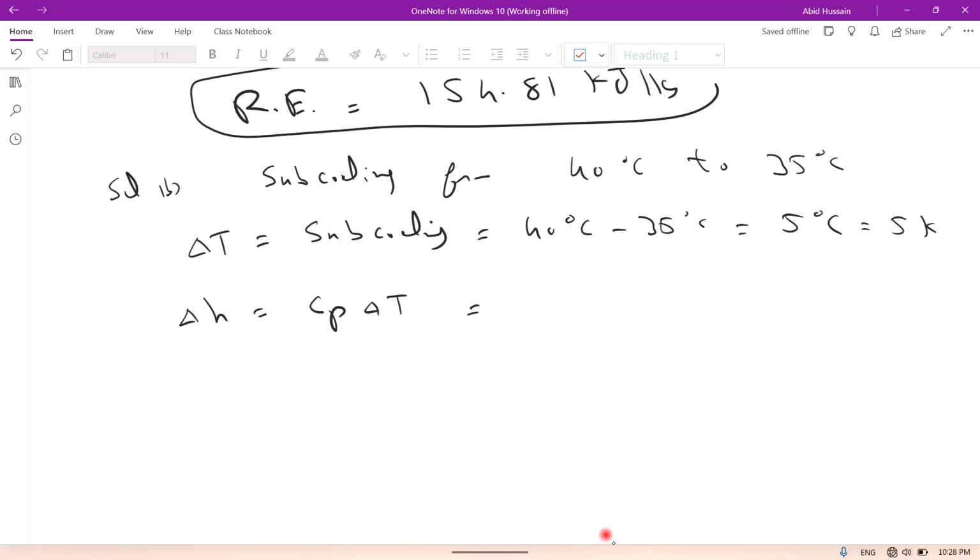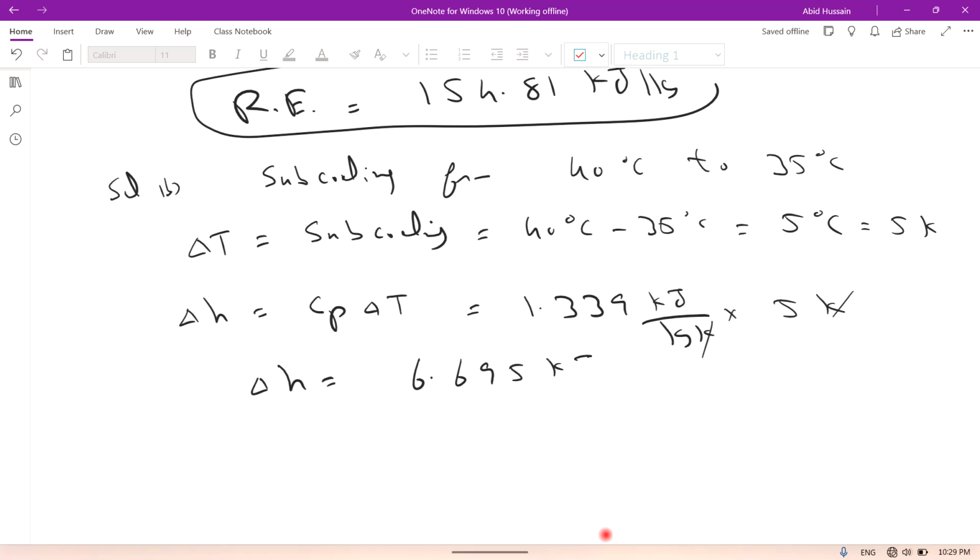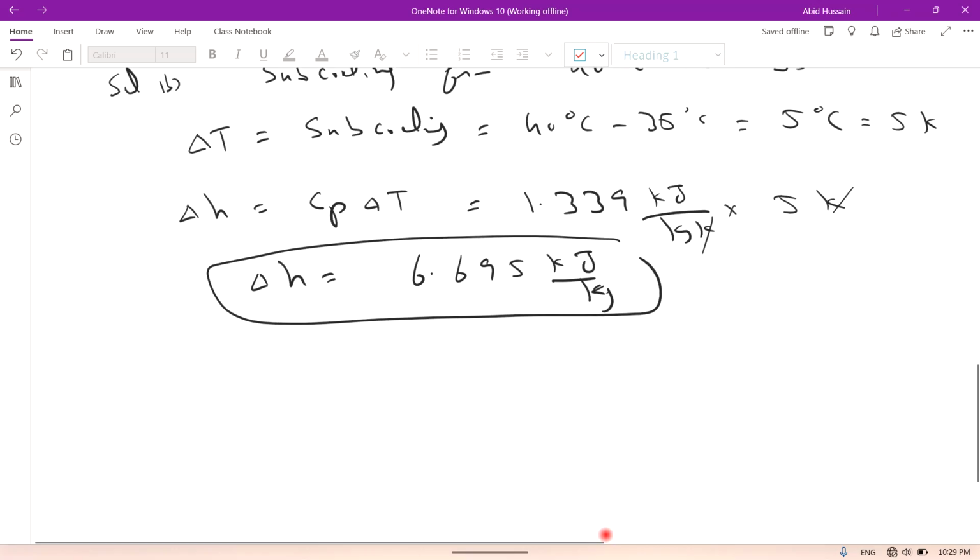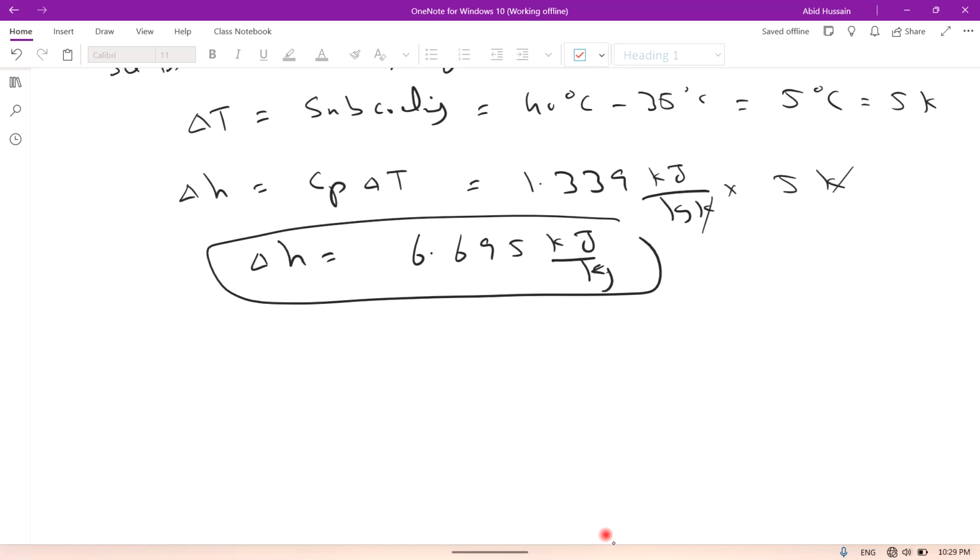Cp is given to us for R22, which is 1.339 kilojoule per kilogram per Kelvin, and del T is 5 Kelvin. So Kelvin will be cancelled with Kelvin, and del H is equal to 6.695 kilojoule per kg. This is the change in enthalpy.